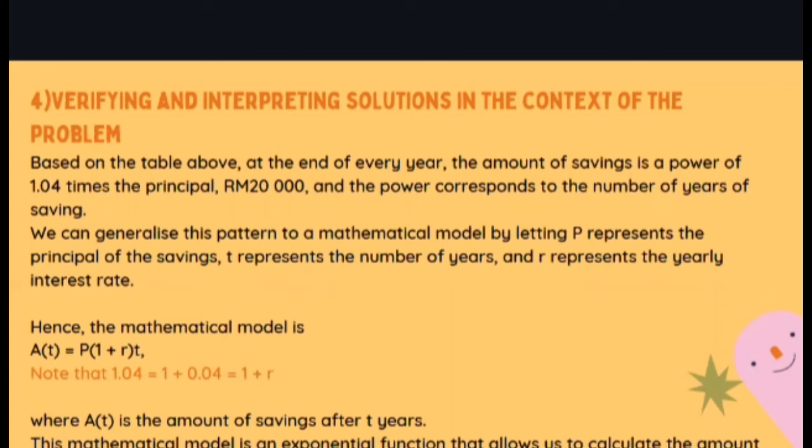Note that 1.04 equals 1 plus 0.04 equals 1 plus R, where A_t is the amount of saving after 3 years. This mathematical model is an exponential function that allows us to calculate the amount of savings if the interest is compounded once a year for 3 years.